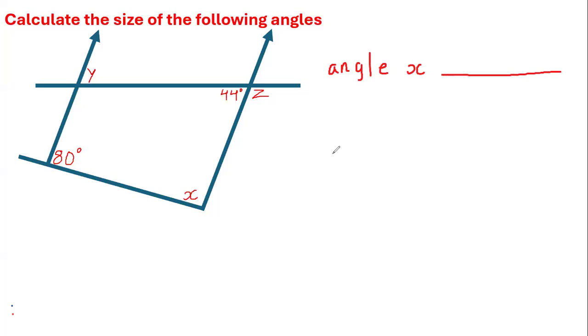And then we need to figure what angle Y is. All right, angle Y. And then after that, we need to figure out what angle Z is. So angle Z. So you figure what angle X, Y, and Z are, okay?